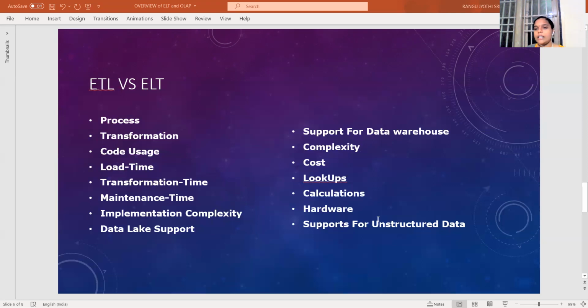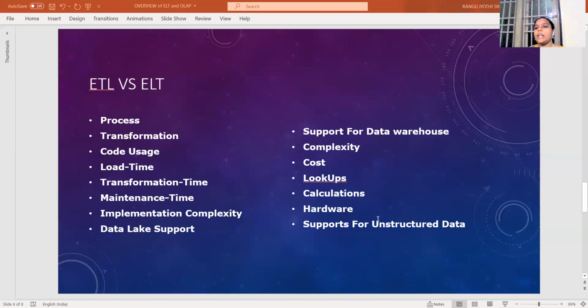In ELT, all data will be available because extract and load occur in one single action, whereas in the ETL process, dimensional facts need to be available in the staging area. Next is calculations. In ETL, the existing column is overwritten or the data set needs to be appended and pushed to the target platform, whereas in ELT, it is easy to add a column to the existing table.